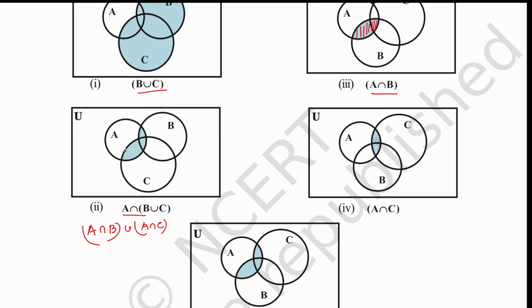So A intersection B is the elements which are common in A and B, and A intersection C are the elements which are common in A and C. And you are taking its union, that means you are including all the elements which are in this region, right? If you try to find A intersection C, that means you are trying to find the elements or the region which are common to both A and C, right?